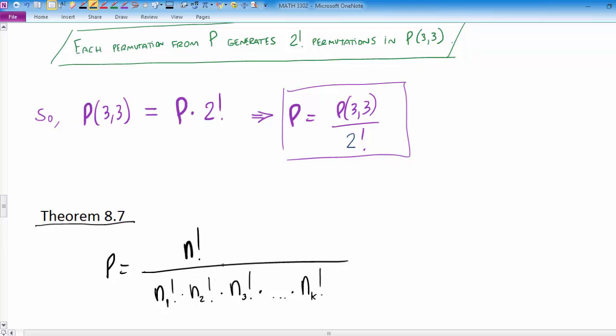To summarize the theorem, this is basically saying that if you have n objects and there are groups of objects that are identical, so n1 of them are identical, n2 of them are identical, so you have groups of objects that are repeated from those n objects, then the number of permutations or arrangements will simply be n factorial, and we divide by the number of objects in each repeated group, in each group of repeated objects.